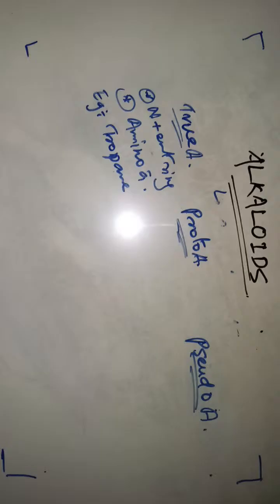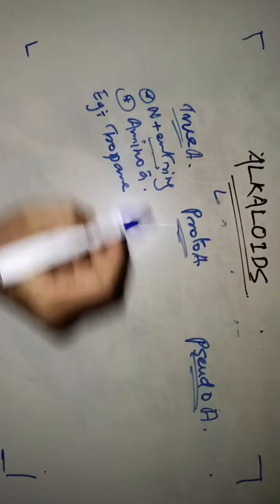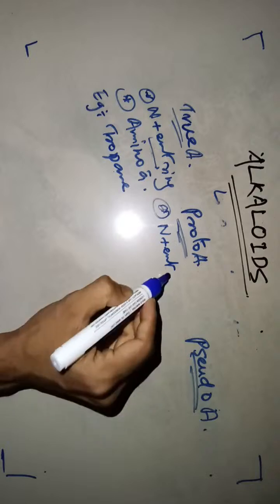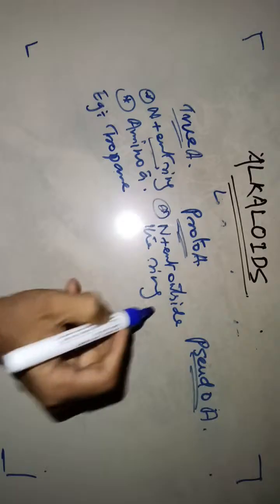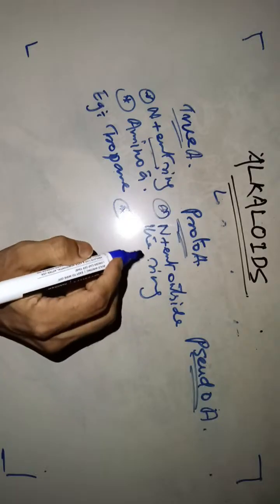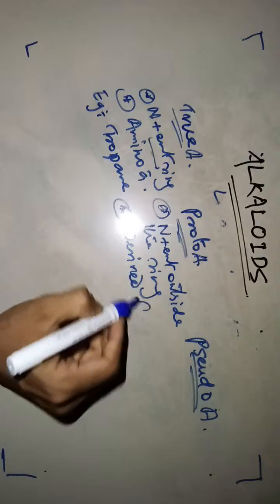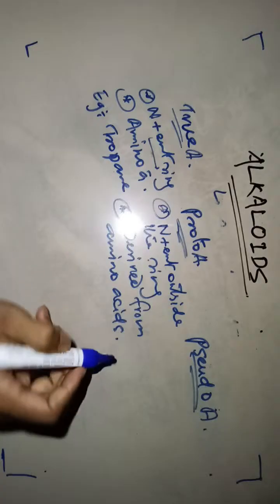Second is protoalkaloids. What are protoalkaloids? Protoalkaloids have nitrogen outside the ring. Along with that, they are derived from amino acid. So in true alkaloids nitrogen is present in the ring, but in protoalkaloids nitrogen is present outside the ring. What are the examples?